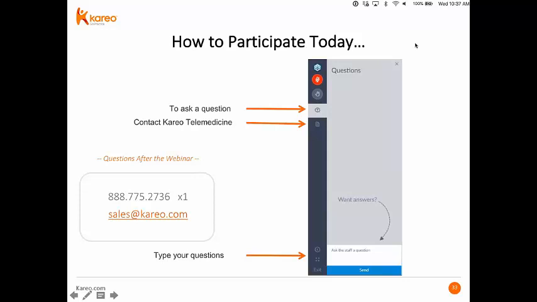So I can't give a black and white answer, as I don't know off the top of my head if those two CPT codes are eligible for reimbursement. I encourage you to follow up with us afterwards so we can discuss that on a one-off basis. However, I do know for a fact that the most common code we see billed is a 213. There are many other codes that we see providers successfully bill for. I'm just going to have to follow up on that one after the fact, so please do get in touch with us.